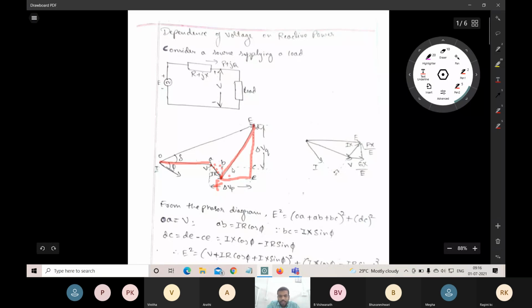Here also apply phi. Sin phi is opposite side by hypotenuse, and cos phi is adjacent side by hypotenuse. This into the hypotenuse gives you this line. FE and BC are both the same, and that will give you Ix sin phi. So what is Ix here?